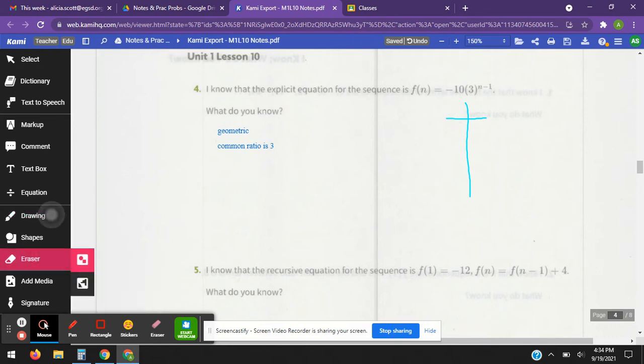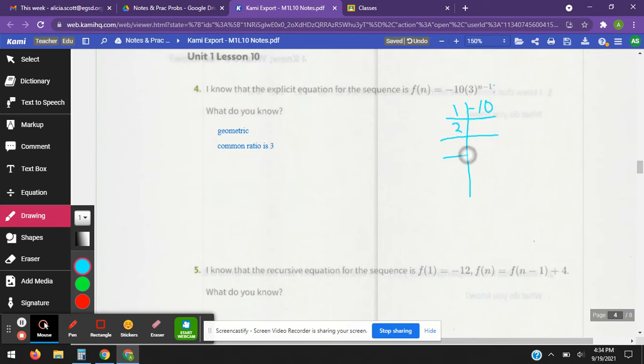So if I start with 1, 1 minus 1 is 0. 3 to the 0 power is 1. -10 times 1 is -10. Now I could keep plugging in the numbers and say 2 minus 1 is 1. 3 to the first power is 3. -10 times 3 is -30.